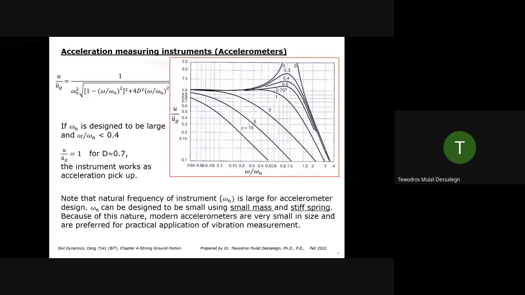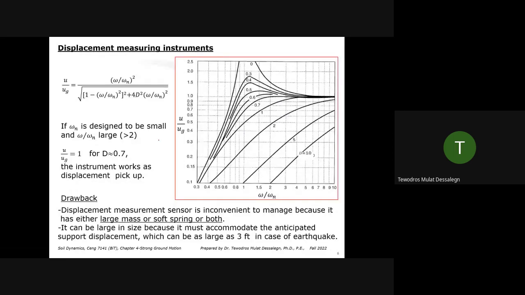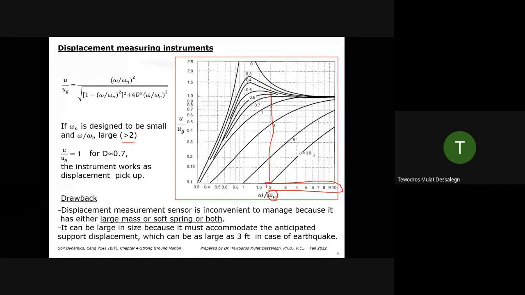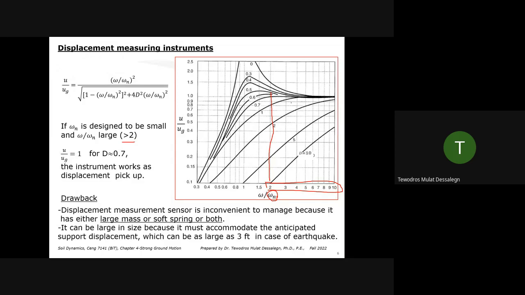So if omega by omega n is larger, which is larger than 2, this area, we are deliberately making the omega n small. Let's go up here. And if you see the value of U by UG, the mass displacement by the ground displacement is about 1. For what? For a damping value of 0.7.